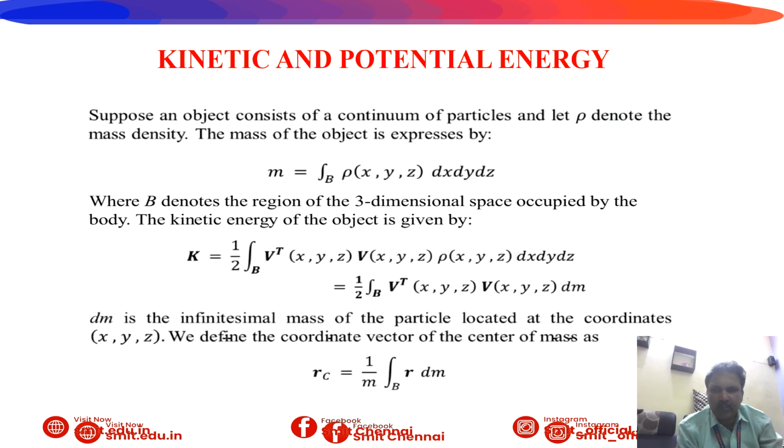Again we can write it as half integral of v transpose v dm, and dm is the infinitesimal mass of the particle located at the coordinates x, y, z. We find the coordinate vector of the center of mass as r_c equal to 1 by m integral over B of r dm.